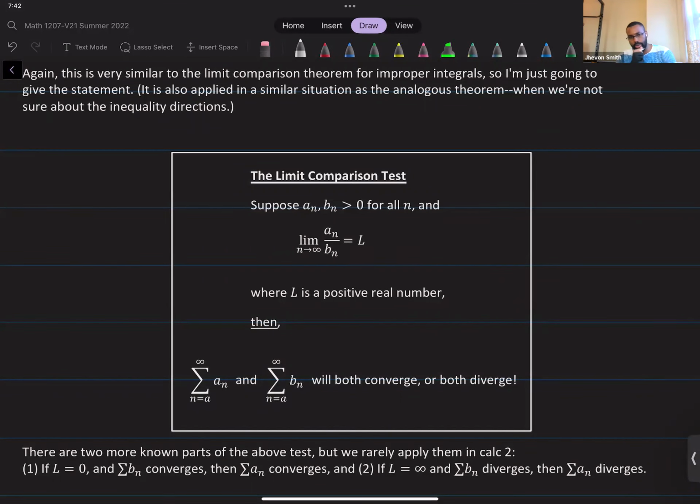I don't remember if your textbook mentioned this, but it's general knowledge. In the event that your L equals 0, you can make a conclusion, and in the event that your L is equal to infinity, you can make a conclusion. This was also true in the integral limit test. I never tested you on anything where you would need to know that, but you can know that it's true.